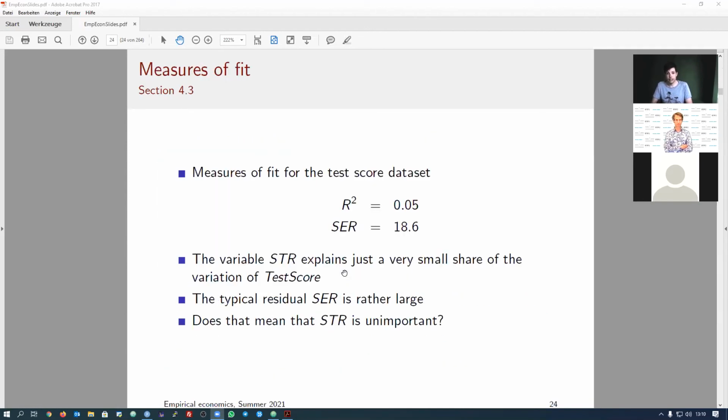So does that mean that the student-teacher ratio, so class size, is unimportant? Not really. It only tells us that there are probably other variables that are also important. We have already seen graphically that there is a slight negative dependence, but most likely there are other factors that need to be taken into consideration as well.